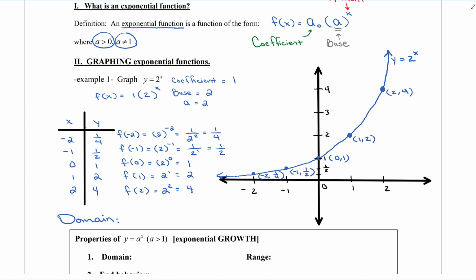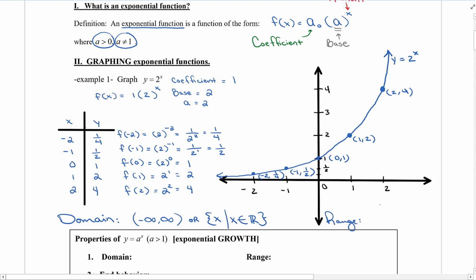The domain for this particular function is going to be the open interval from -infinity to infinity, or the set of all x, such that x is an element of the set of real numbers. When finding the range, it is helpful to know about any horizontal asymptotes, because that will affect the range.